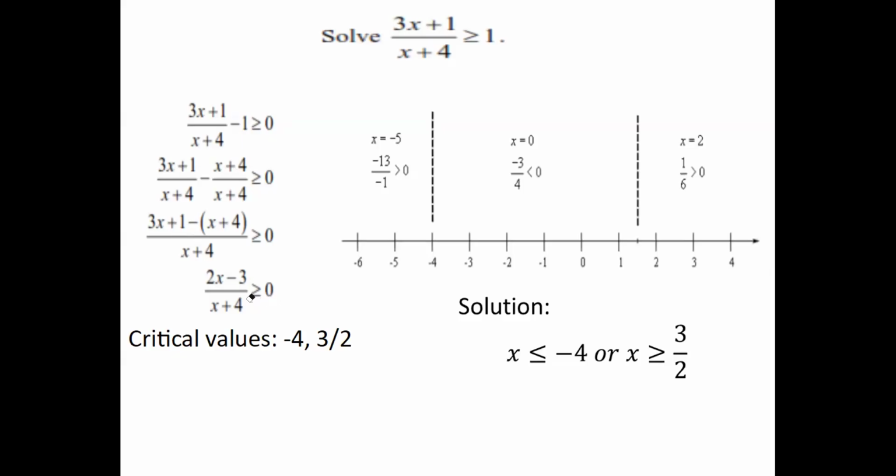So what are we doing here? We got our critical values. From the numerator, we'll get 3 over 2. And for our denominator, you get -4. So again, we take our number line and break it up into 3 parts: all the numbers less than -4, all the numbers between -4 and 1.5 or 3 over 2, and then all the numbers greater than 3 over 2.